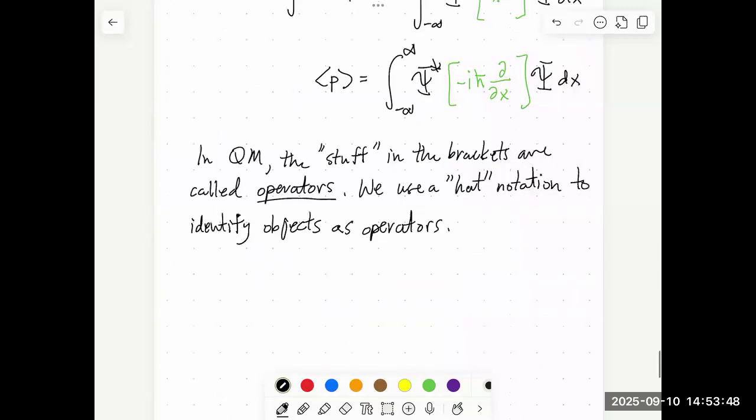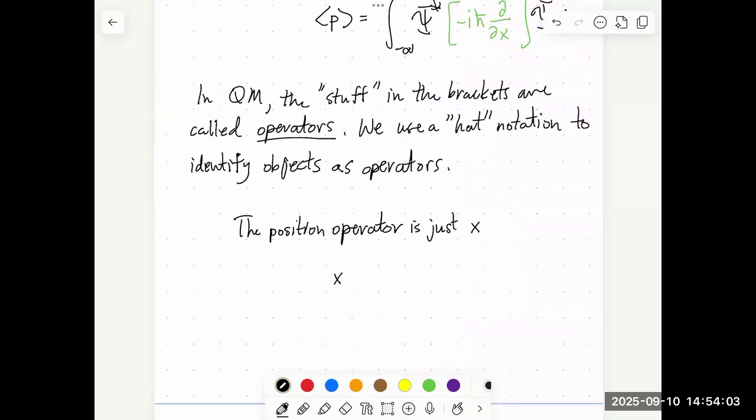So the position operator is just x. That means x hat is going to be our operator notation. It's just equal to x. So that one's not so interesting. Nevertheless, that's what it is.